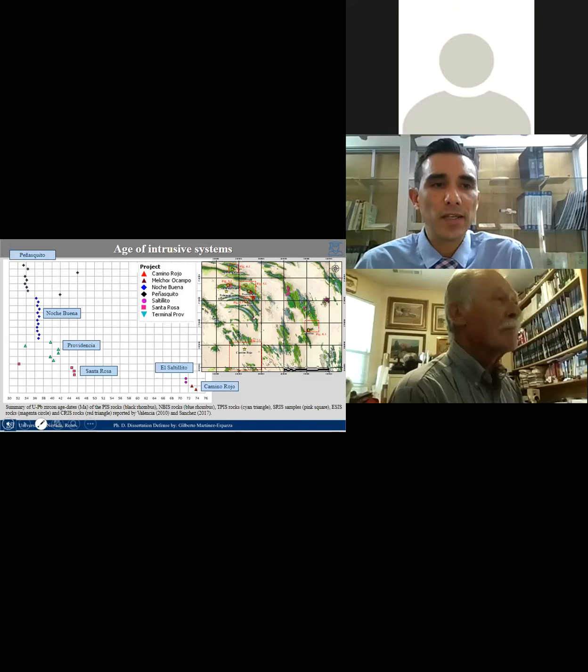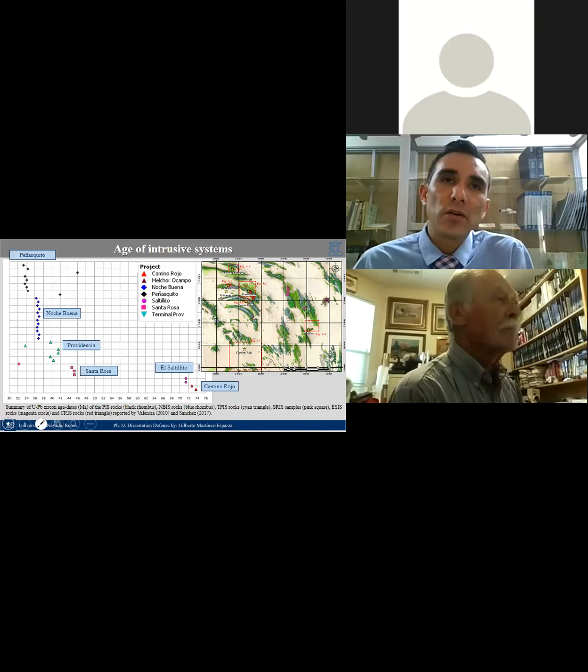includes the Peñasquito ore deposits, where the intrusion phases are about 34 Ma. We can see that we have some older samples at Peñasquito. These measurements of about 46 Ma were obtained in two samples in the diatreme breccia.